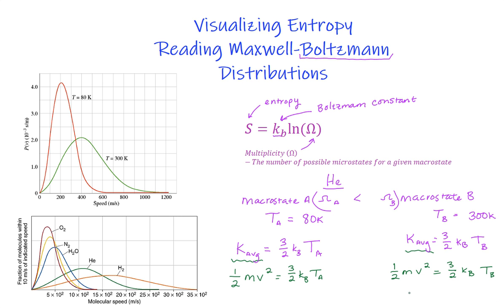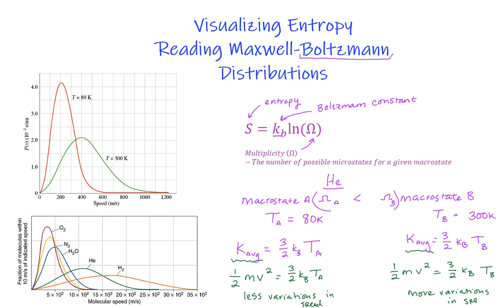And what we see happen in these systems of gas is that the average kinetic energy of a particle in the gas at a lower temperature means that there are fewer variations in the speed. In a higher temperature gas, there are going to be more variations in the speed of the particles.